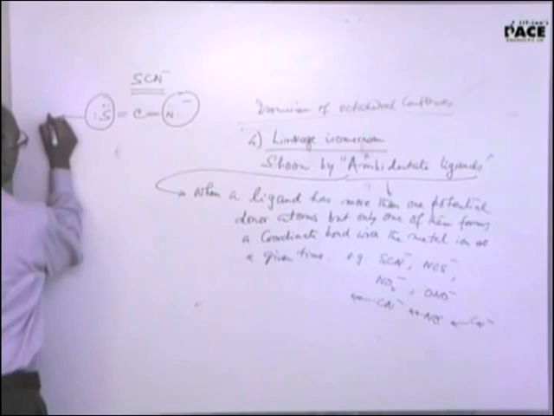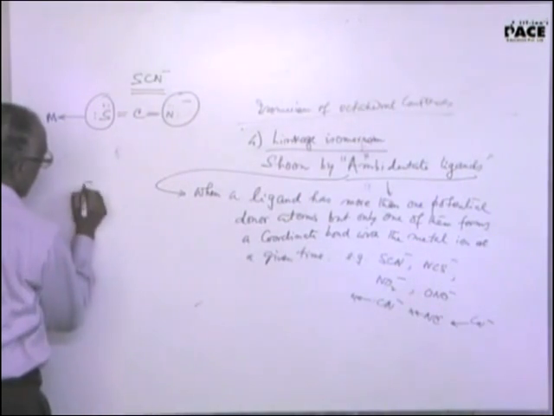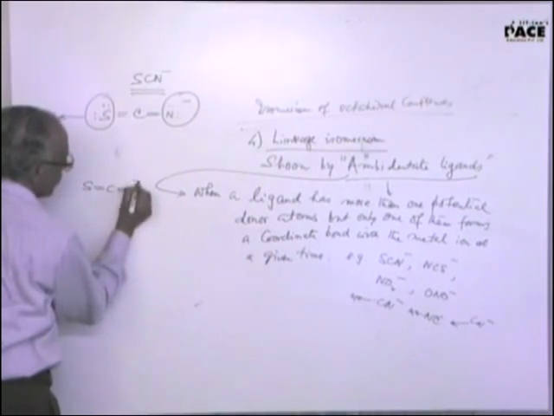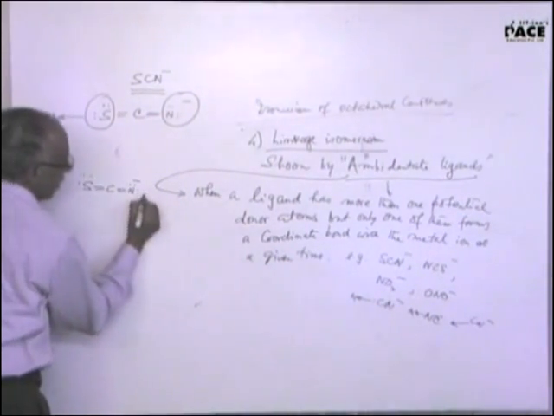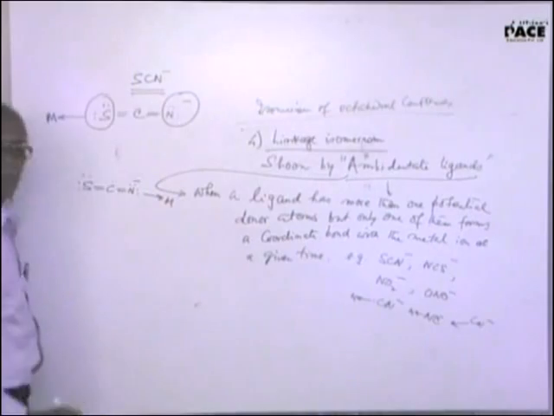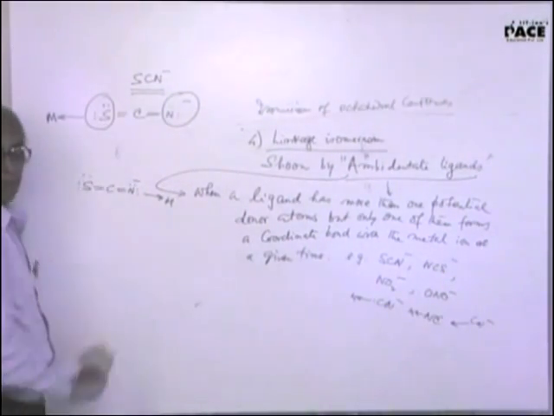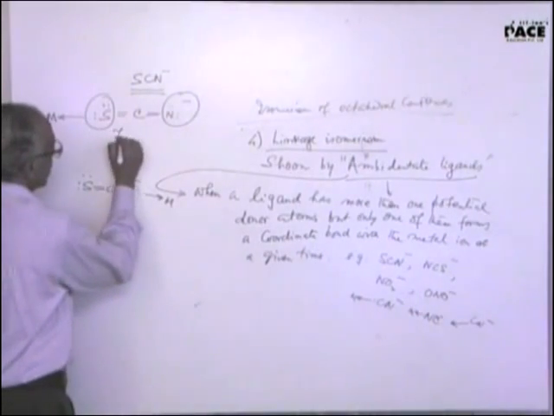So, when sulfur acts as a donor atom, it is called thiocyanate.